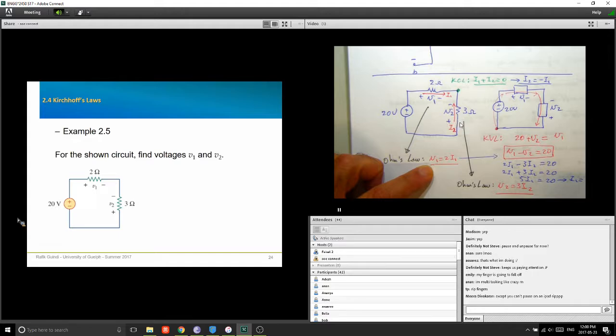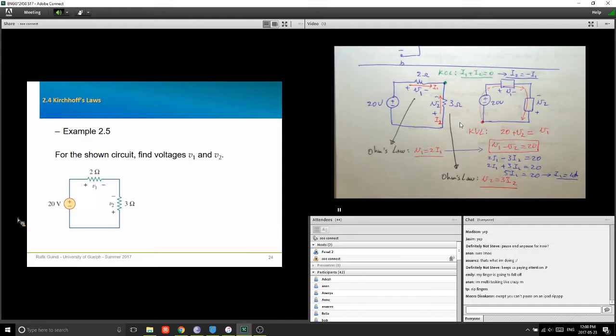Okay, so did you see that? I'm using KCL and KVL and Ohm's law together, and I wrote a bunch of equations, and I solved those equations. And I found that I1 equals 4 amps.